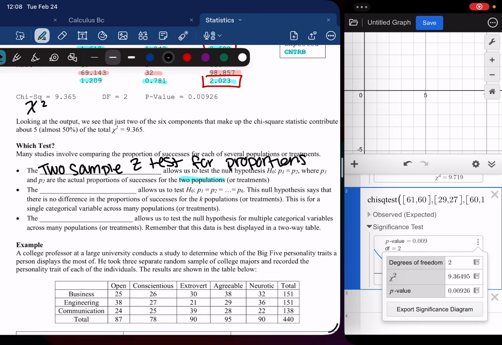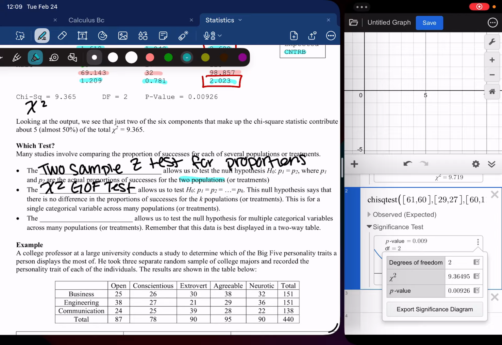Then the next one is chi-squared goodness of fit. The chi-squared goodness of fit test allows us to test the null hypothesis where P1 is equal to P2 equal to P sub K, as many proportions as we want. We're no longer restricted to two proportions.